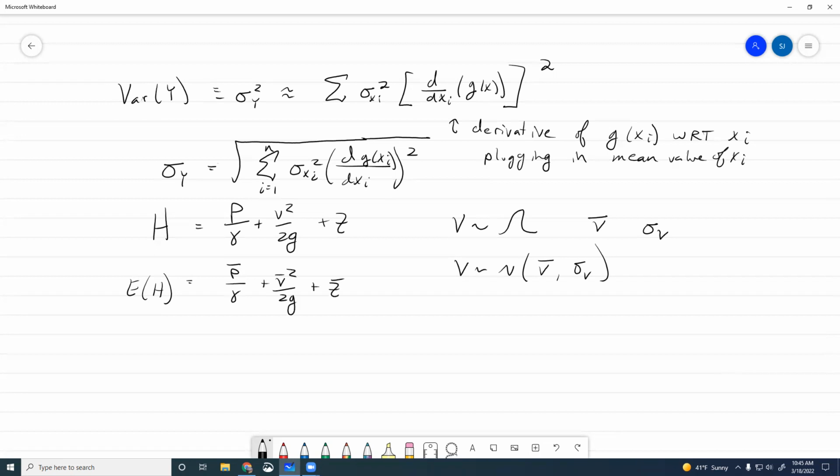But assuming these are not uncertain, the pressure we have fairly certain, elevation is pretty certain, so we'll keep those as non-random variables. And then we can say the standard deviation of H is going to be equal to the square root of, and we'll do this.